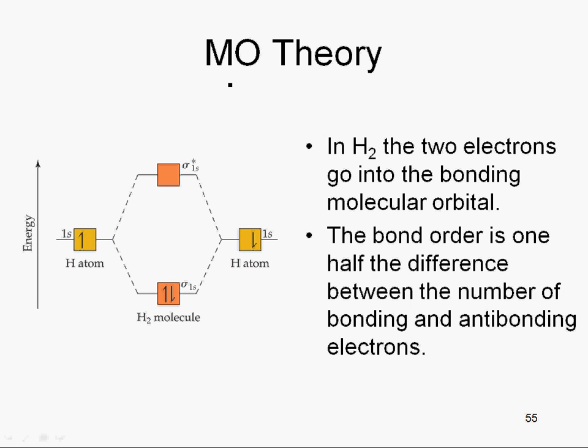They arbitrarily seem to spin differently in this representation, but the first place they go is the lower energy orbital. So they're both going into the lower energy orbital. They would not go into the upper energy orbital unless there were more electrons around, and there aren't.